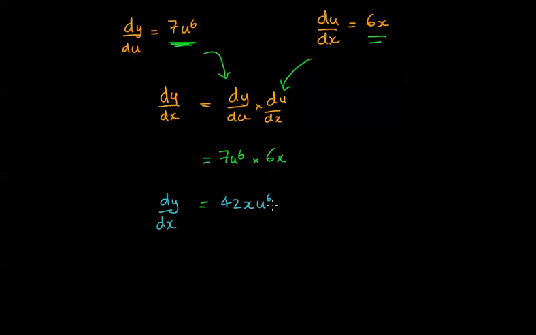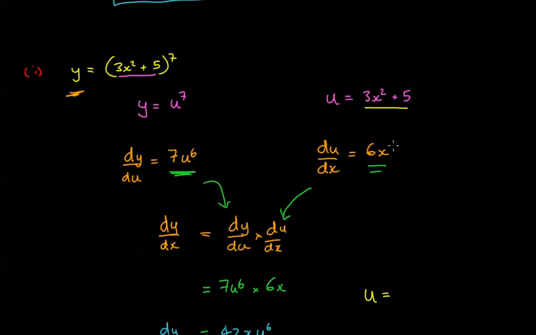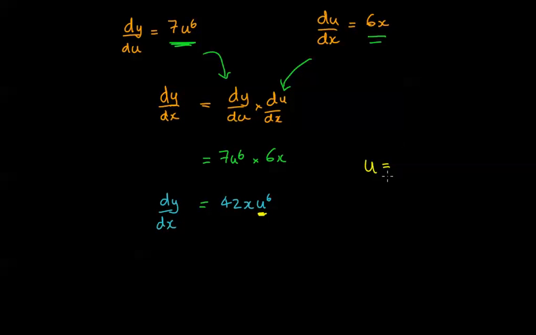But the thing is, I want my derivative function to be entirely in terms of x. So what I need to do is replace this u here with what I declared earlier. And what was u? u equaled 3x squared plus 5.